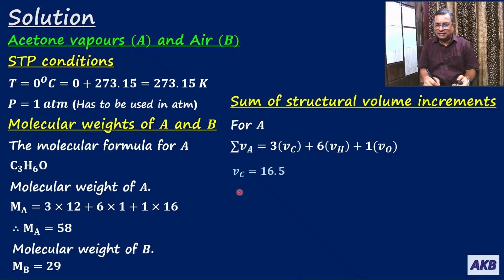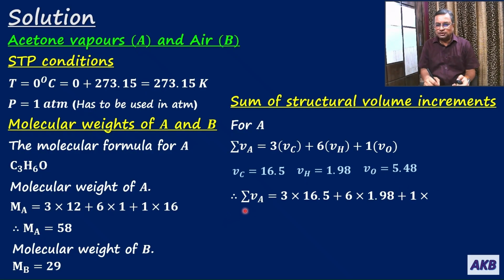And we know atomic volume of carbon is 16.5. Now atomic volume of hydrogen, it is 1.98. Atomic volume of oxygen, it is 5.48. So therefore summation of VA will be equal to 3 into 16.5 plus 6 into 1.98 plus 1 into 5.48.